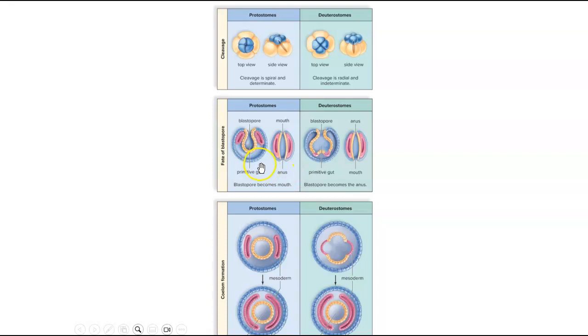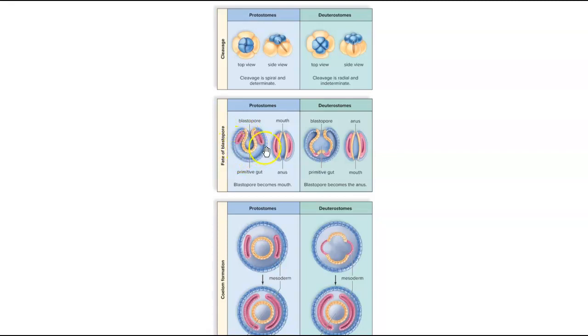Then you can see in the next set of images where it says fate of the blastopore. The blastopore is the first opening that forms in the blastula. You can also see the three tissue layers. On the inside, the tan-colored tissue is called endoderm.